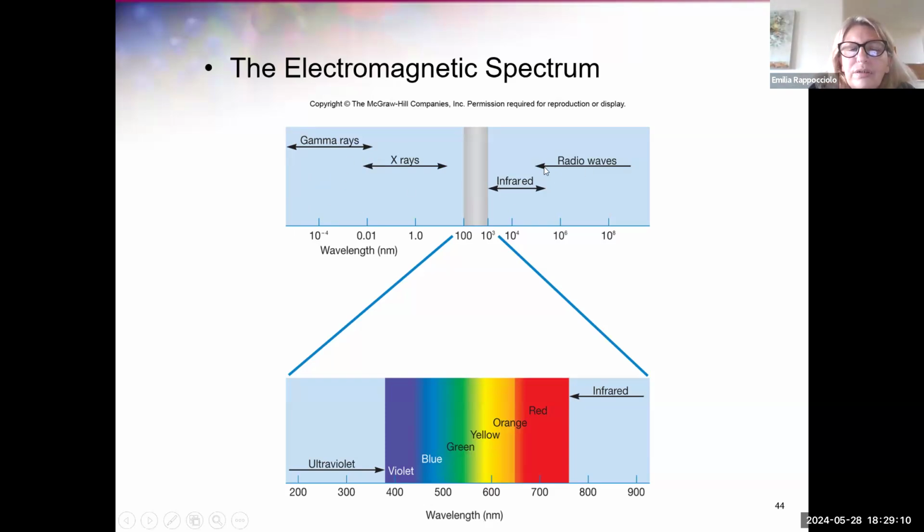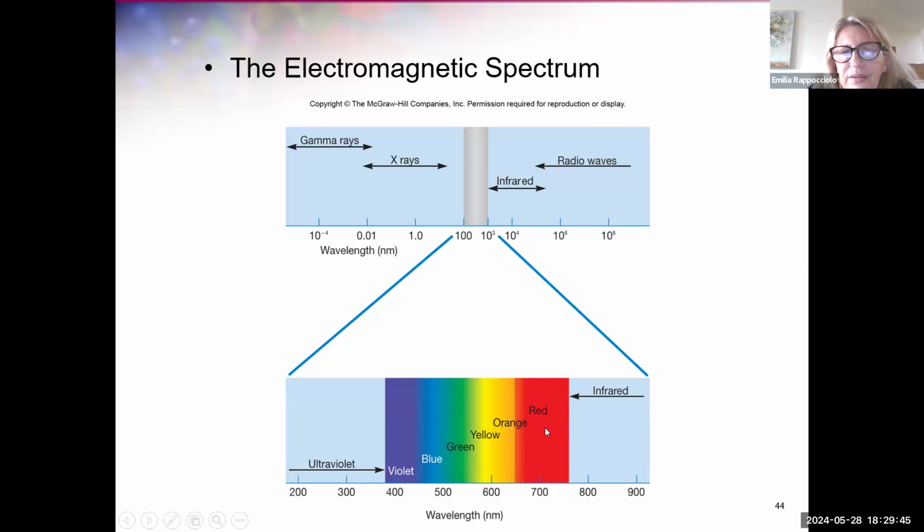You have long wavelength, low energy radio waves and infrared, and then in between there is ultraviolet, and the visible light, from short wavelength 400 violet to roughly 760 red.